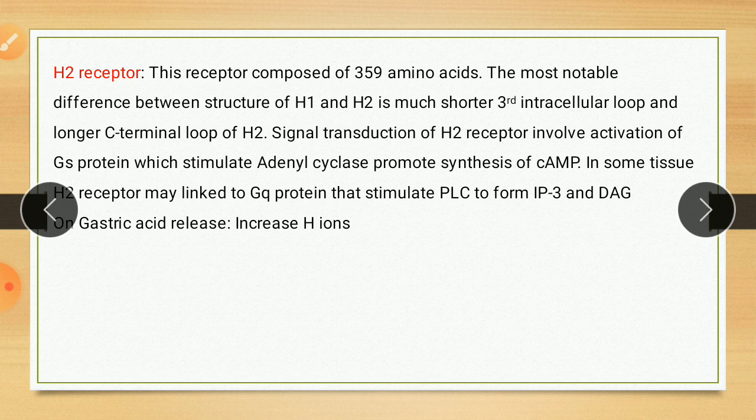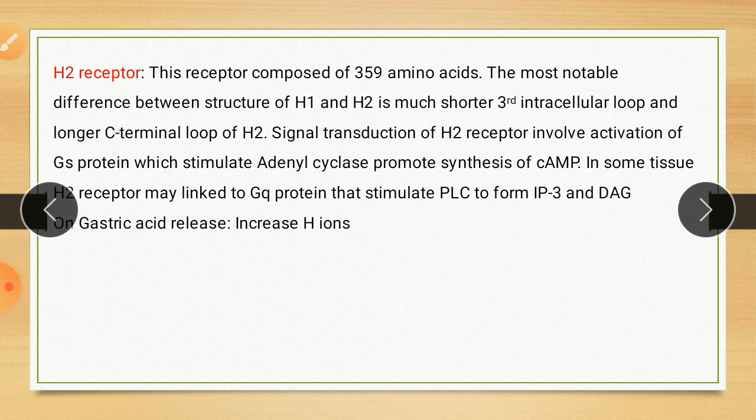So for the H2 receptor, the secondary messenger is adenylyl cyclase, whereas for the H1 receptor it is phospholipase C. So with the H2 receptor, adenylyl cyclase activity increases, which increases the synthesis of cyclic AMP. In some tissues, the H2 receptor may link to Gq protein that stimulates phospholipase C to form IP3 and diacylglycerol.